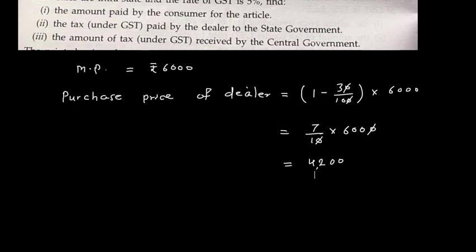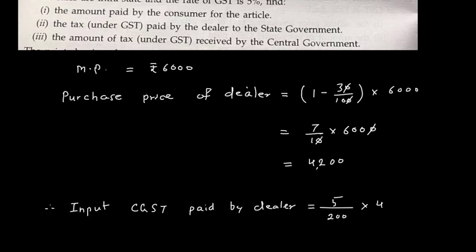Okay. This is the purchase price of the dealer. So therefore, input CGST paid by the dealer is equal to 5 divided by 2%, so 5 divided by 2 into 100, multiplied by the cost price for him, which is 4200.